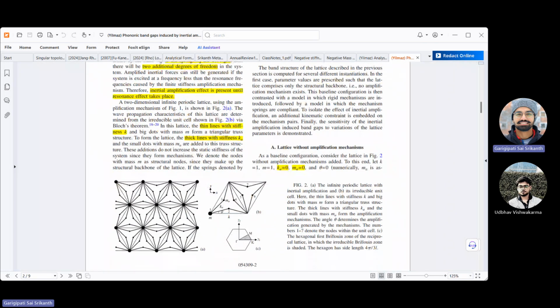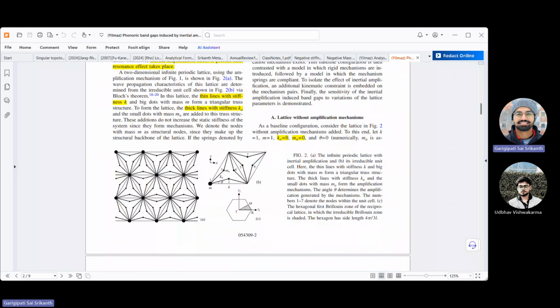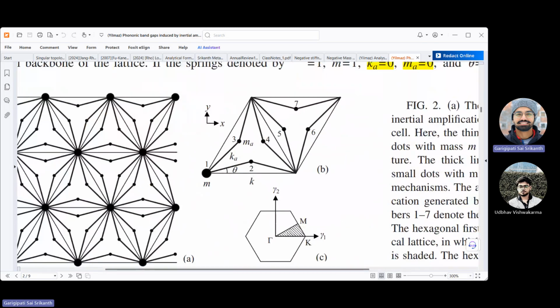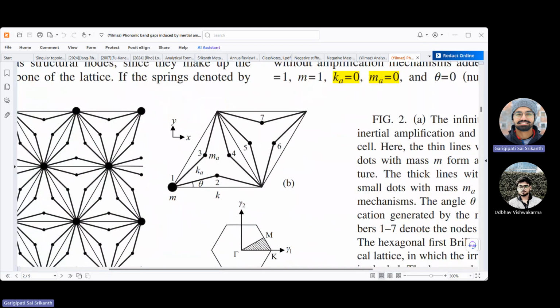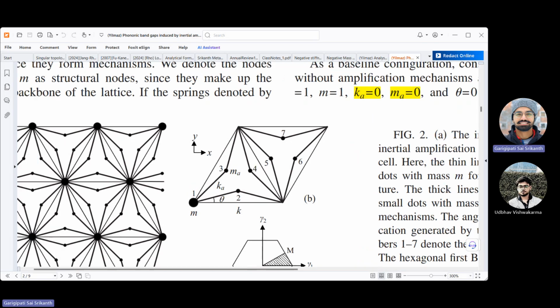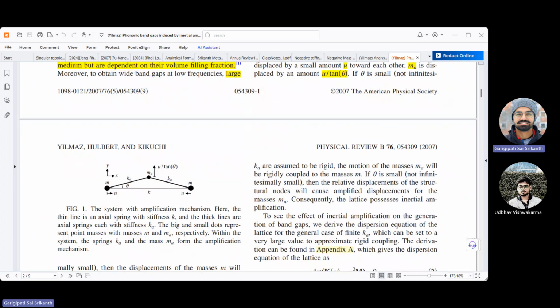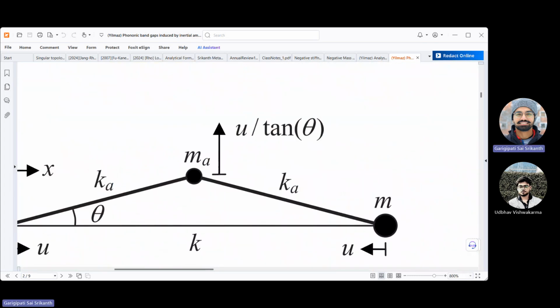Okay, so now they make a 2D lattice out of these. Say it has these truss elements only, and at the top of the trusses, everywhere you see, mass Ma is being placed. Right, this is what we saw here.